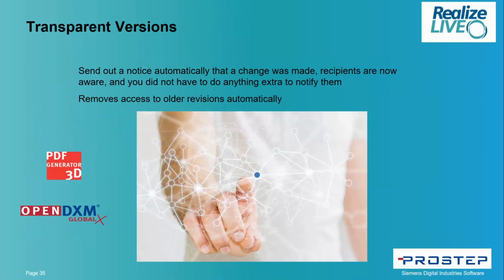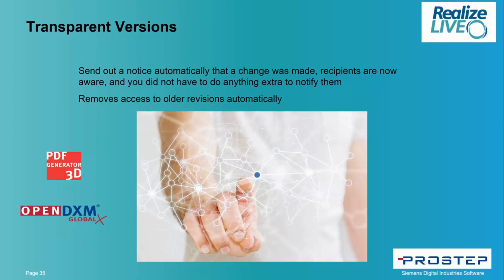Transparent versions. So let's assume that we had a baseline and we told our quality team to go out and do some testing. So we took a snapshot, we generated a test document for the testing company to go out and do some testing and return some results. While it's sitting in the company that's doing the testing, another revision to the bill of materials may have been created.